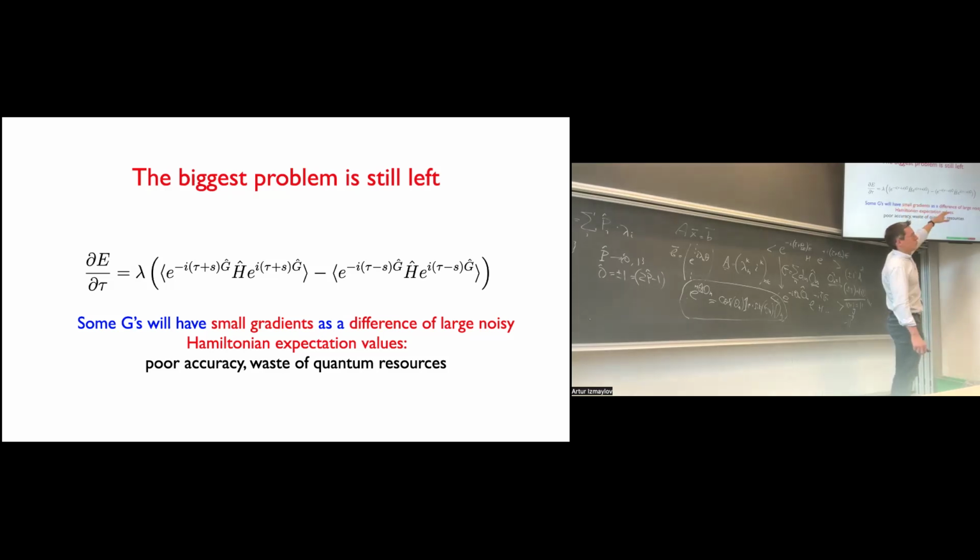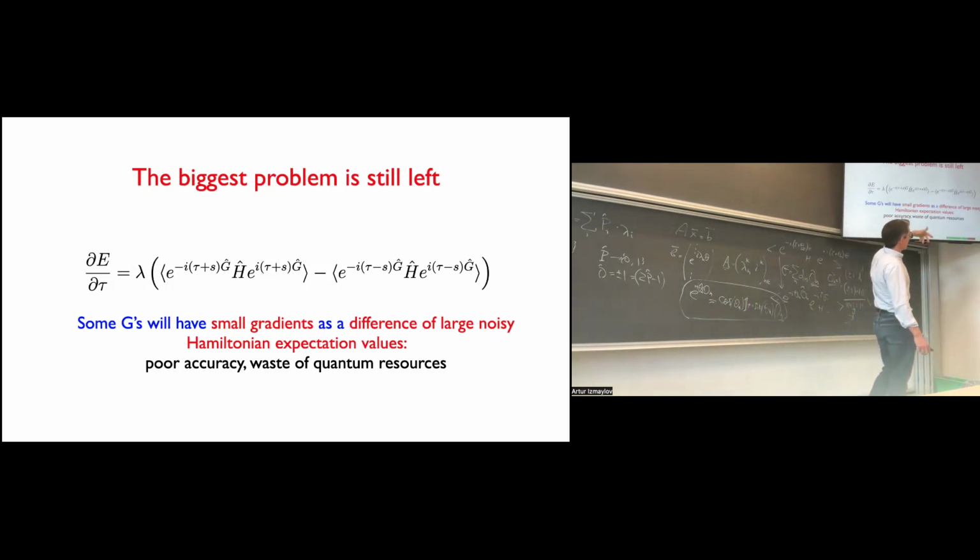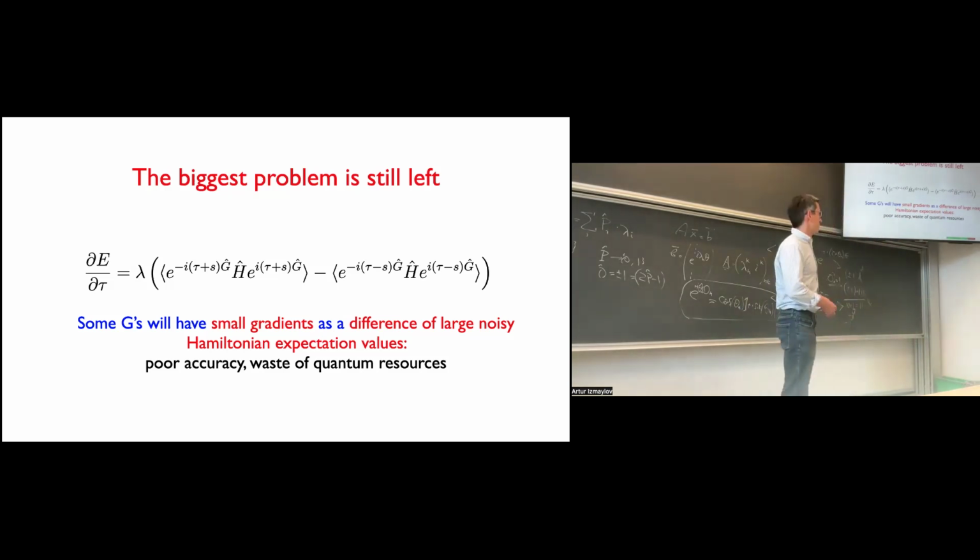That is not a good procedure, because then you introduce large error, and currently there is no solution, at least that I'm aware of, for this problem. As we will see next, getting the expectation value of the Hamiltonian in general is a problem by itself, and then you get some noise when you do that, and gradients obtained as a linear combination of two expressions could be very challenging.